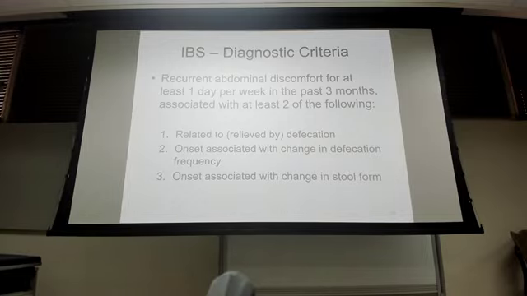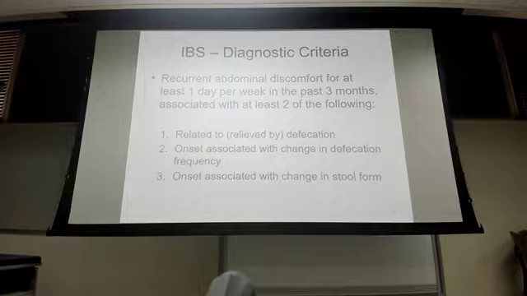Rome criteria. We talked about Rome criteria on the first day. Well, these experts also provide us with an IBS diagnostic criteria. The Rome criteria, 1 through 3, you need to know them. At least 1 day per week, in the past 3 months, you've had at least 2 of those 3 numbered bullets.